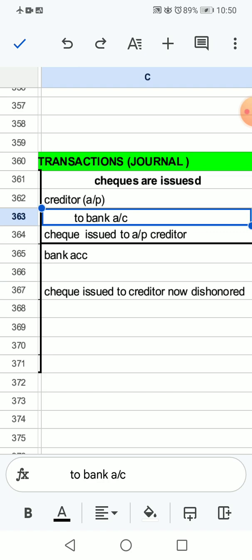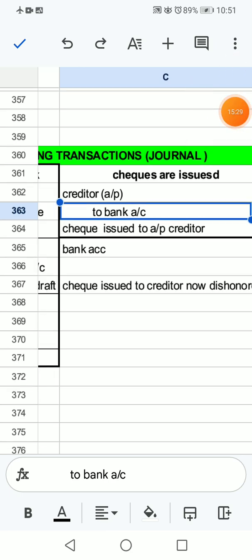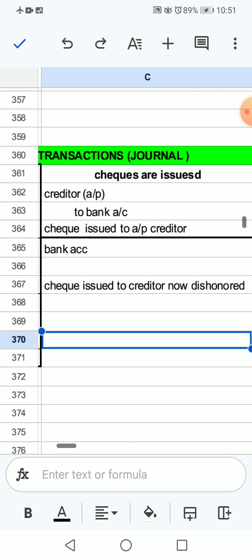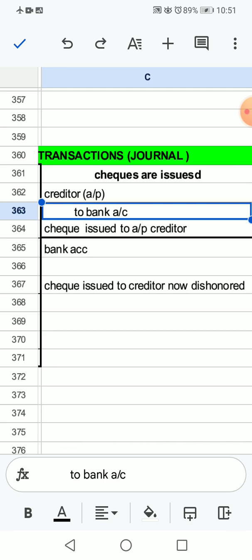But what had happened, due to any reason that check has been dishonored, it means the creditor had not gone to the bank, or due to the damaged physical shape of the check, the creditor is unable to withdraw the amount from your bank account. It means initially you supposed your amount could be withdrawn from the bank account, but now you have realized that the amount has not been drawn from the bank.